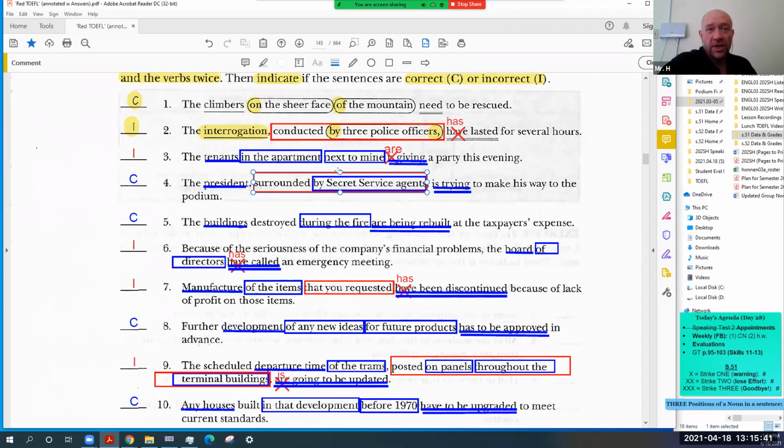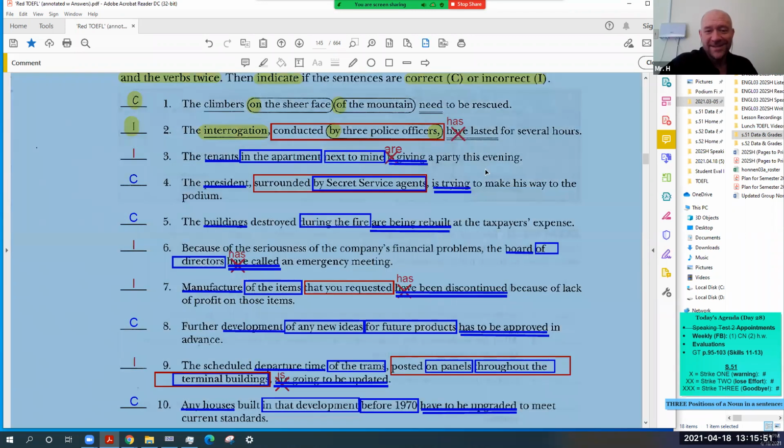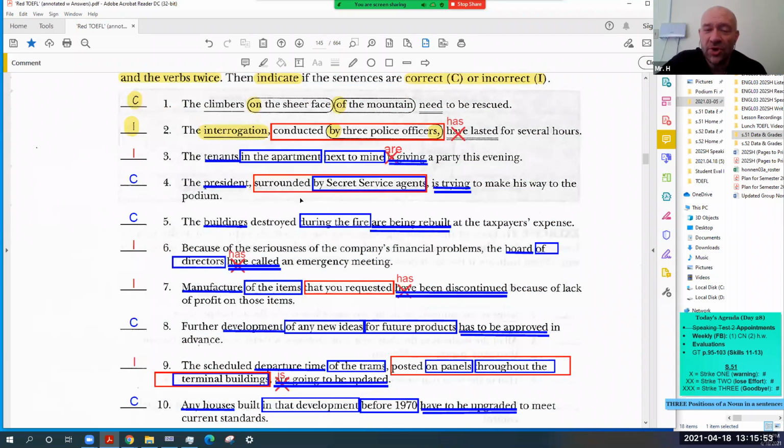Oh, because you have the green TOEFL. What color is your book? Is it red? No, green. I'm using the red TOEFL. Okay, I'm going to stop recording. Abdul Majid, you could show him your book.